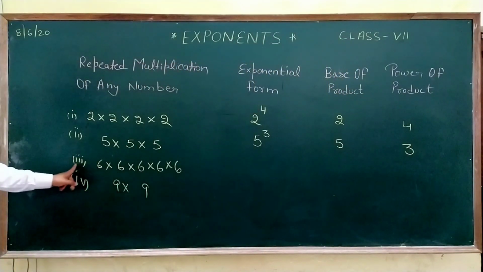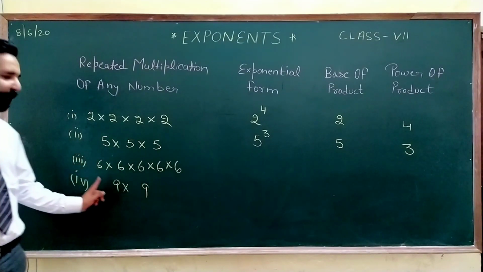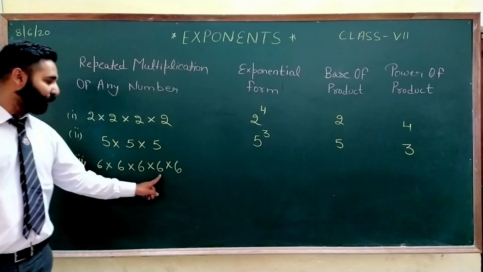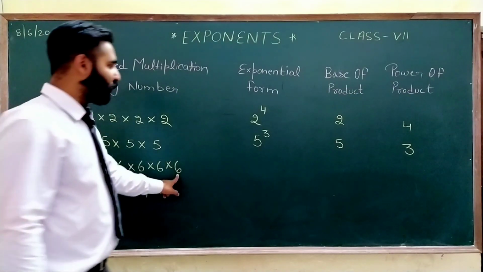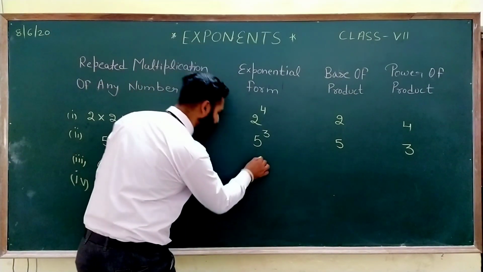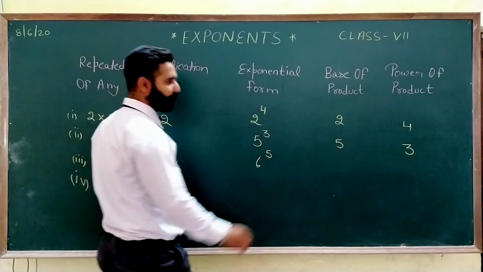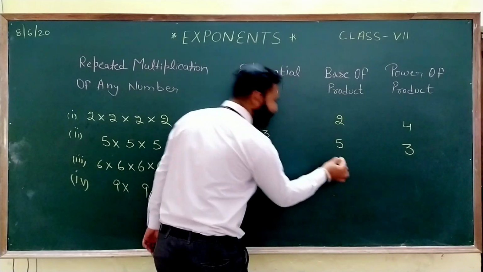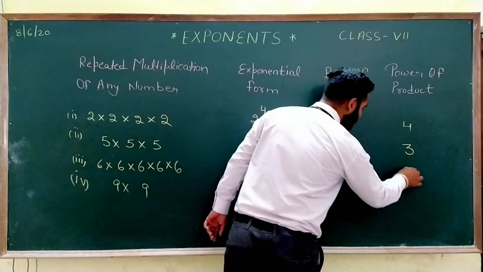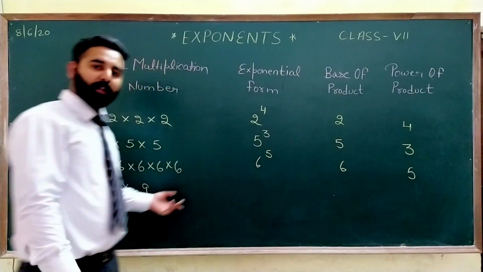Next, in the third example, 6 is multiplied by itself 1, 2, 3, 4, 5 times. So the exponential form will be 6 raised to power 5. Base will be 6 and power will be 5, because 6 is multiplied by itself 5 times.